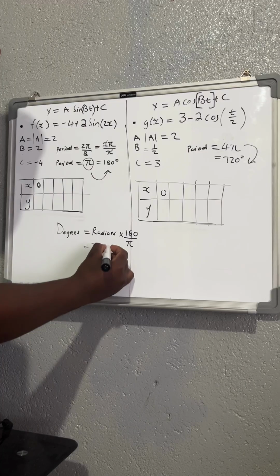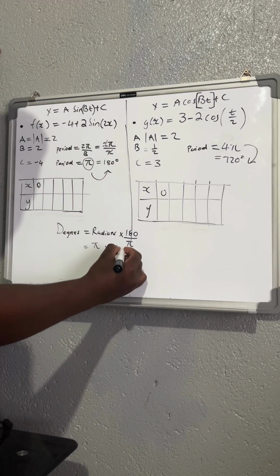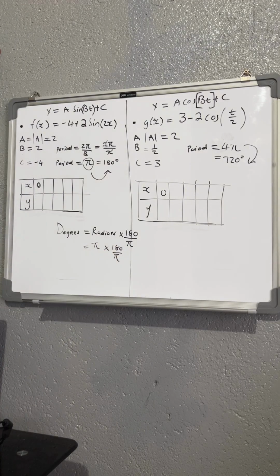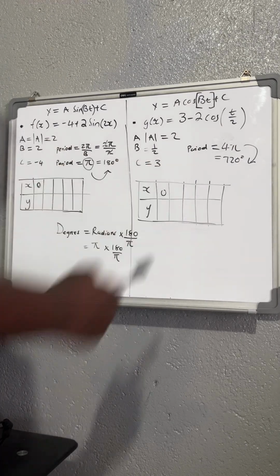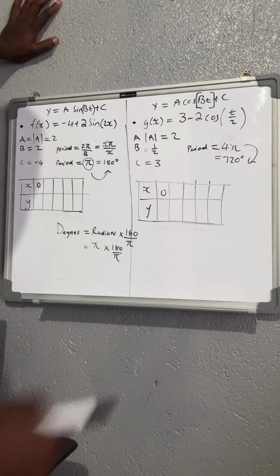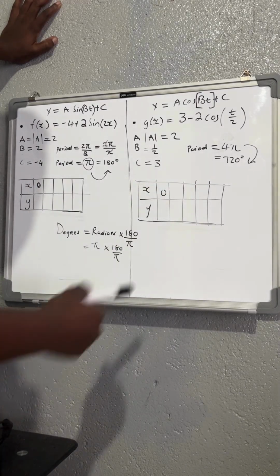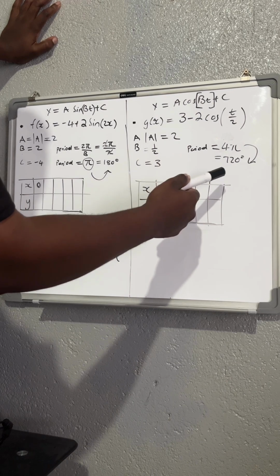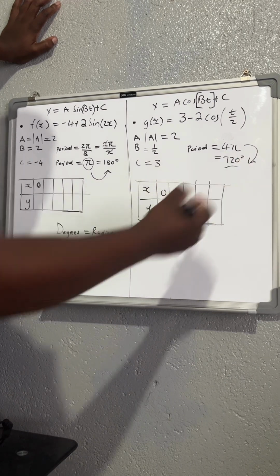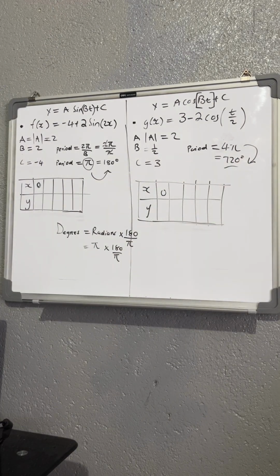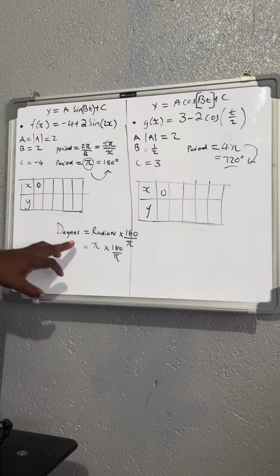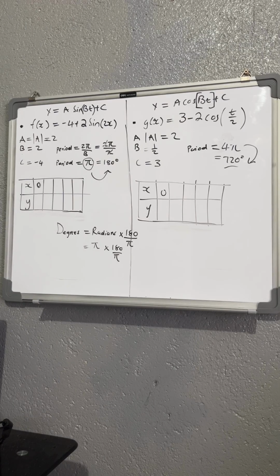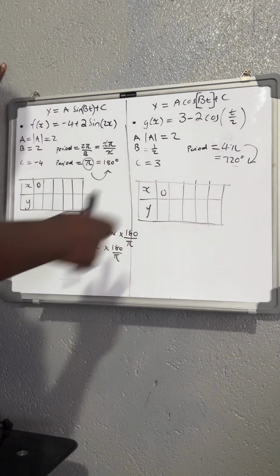You have your pi multiplied by your 180 over pi. And as I've said, your degree is going to be 180. You do the same this side, you will see you're going to be left with 4 multiplied by 180, which is going to give you your 720, if you are still using this formula to get your degree. I just quickly did it in my head, so it gives you the 720.